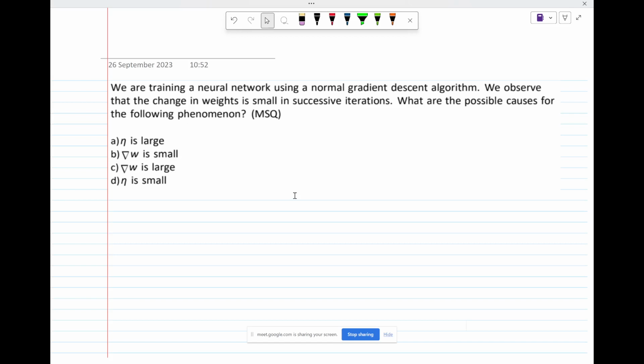We are training a neural network using a normal gradient descent algorithm. We observe that the change in weights is small in successive iterations. What are the possible causes for the following phenomena? So there are multiple correct answers.